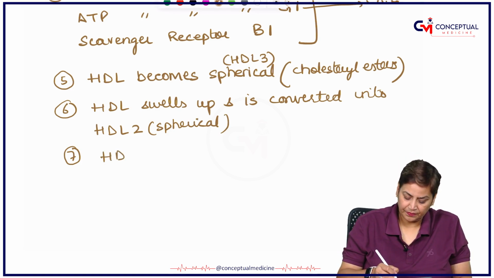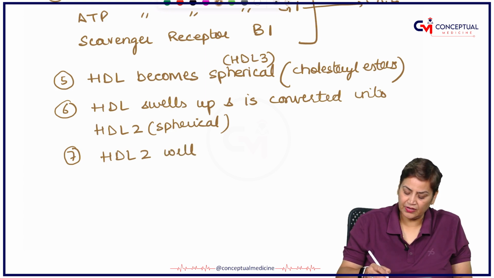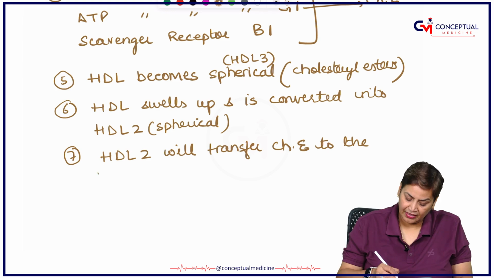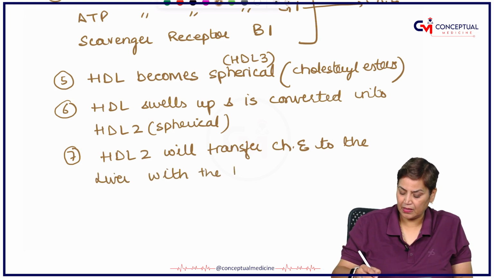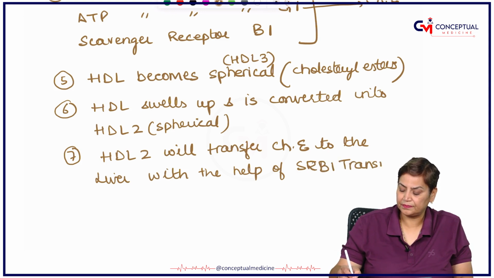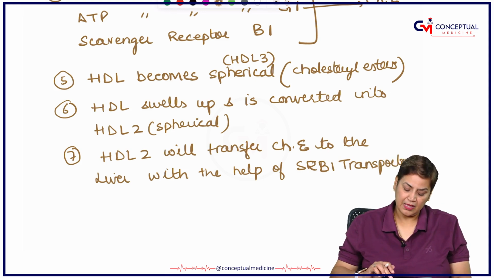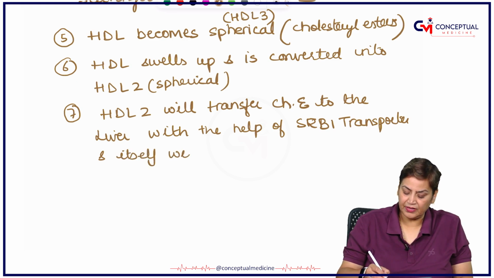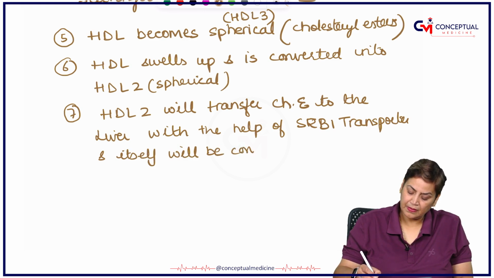Now this HDL2 will give the cholesterol to the liver. So HDL2 will transfer cholesterol esters to the liver with the help of the SRB1 transporter, and itself will be converted back to HDL3.